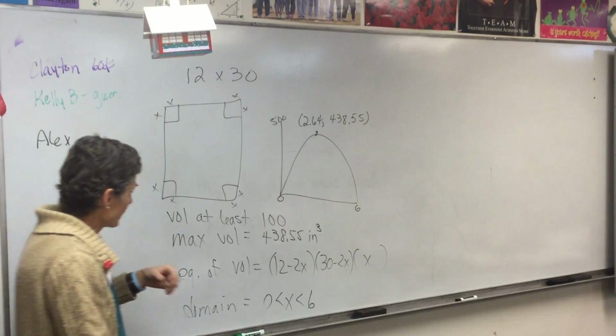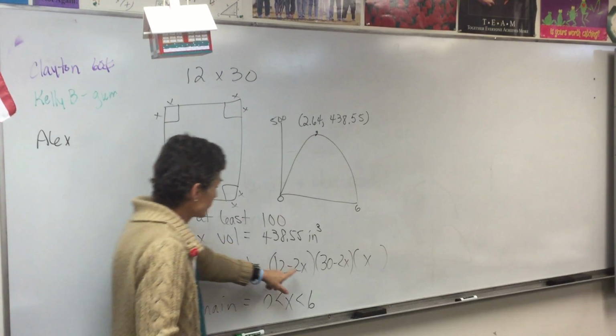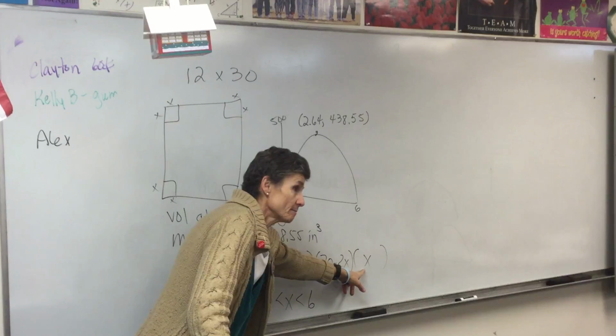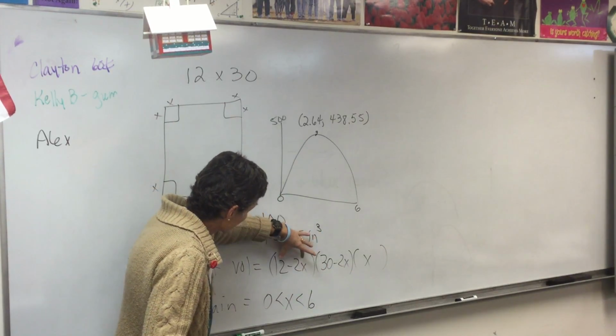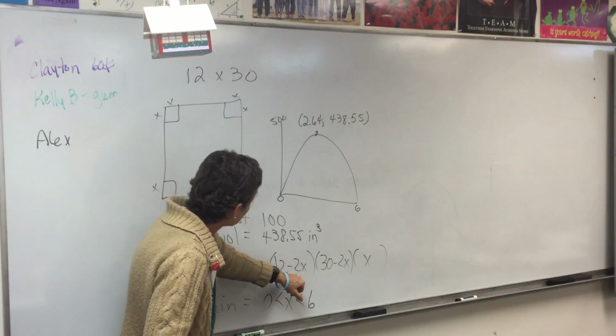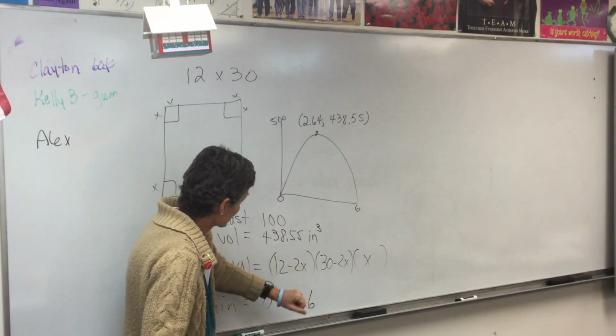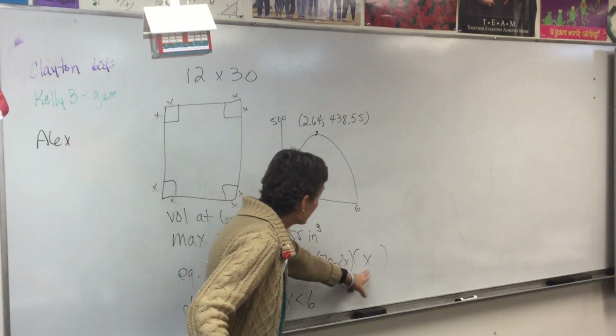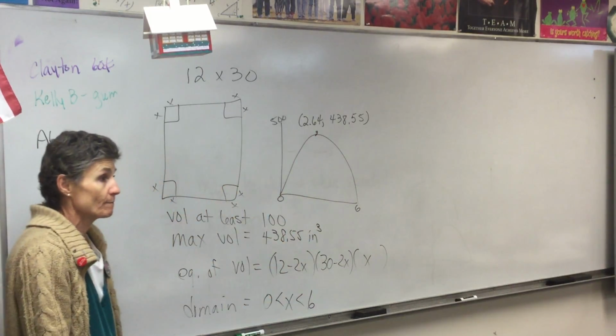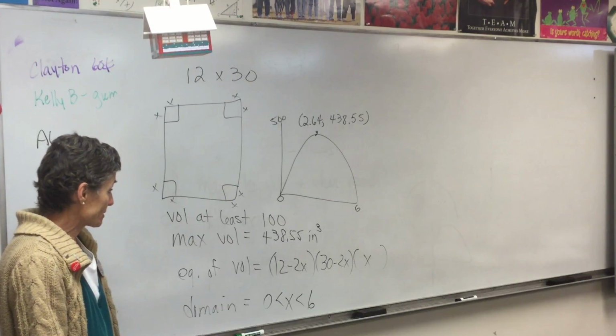Then length, width, height: whatever your x value was, you have to put it in. So the length would be 12 minus 2 times 2.64, the width would be 30 minus 2 times 2.64, and the height is 2.64. Those would be the dimensions of the box.